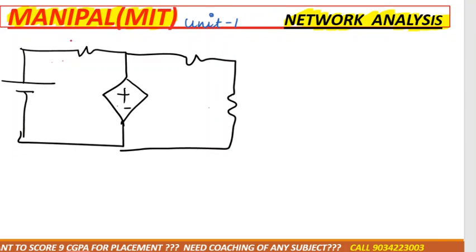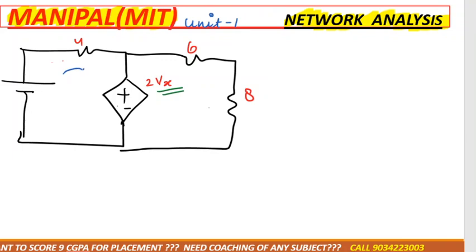I'm giving you a basic example so that it would be more clear to you. Now can you tell me which source it is? This one. Yes, correct. It's a voltage dependent voltage source.